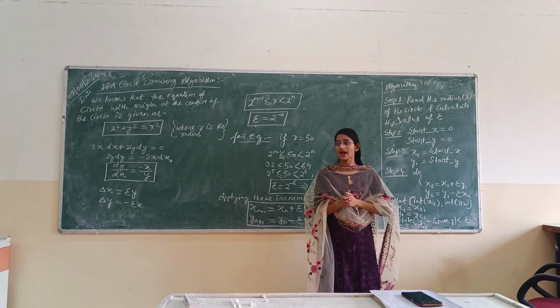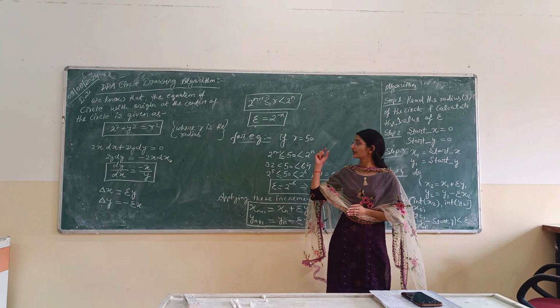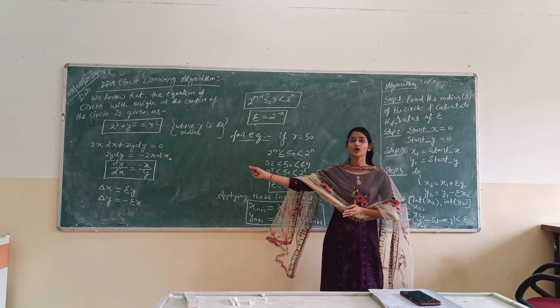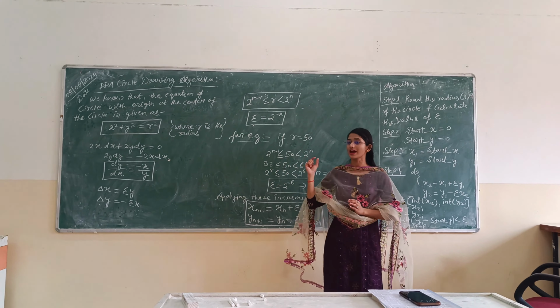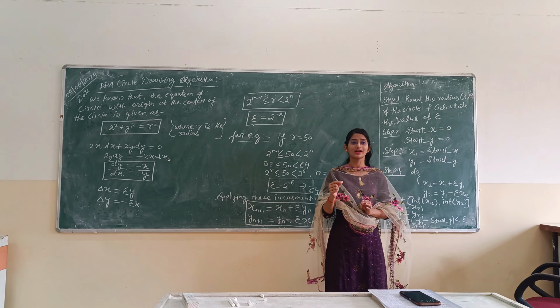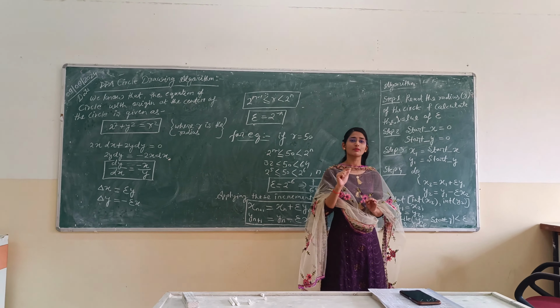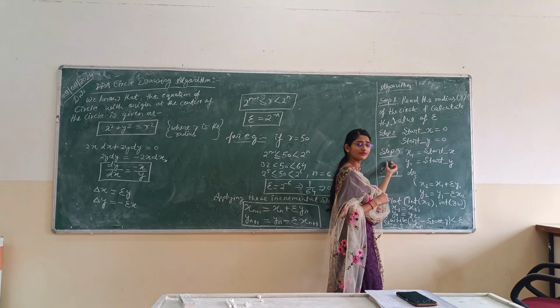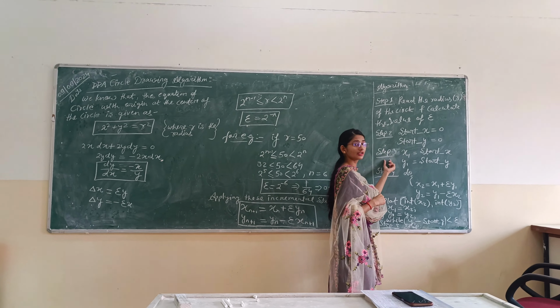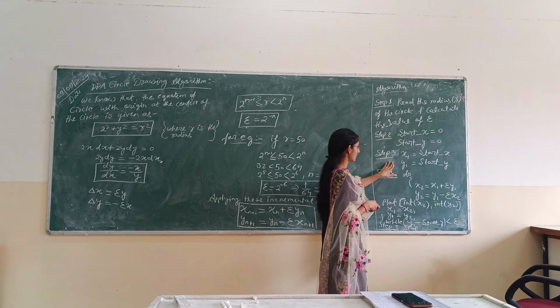It means that you need to start drawing the circle at the origin of the circle, means the center of the circle. So that's why that will also be started from 0, 0. Clear?